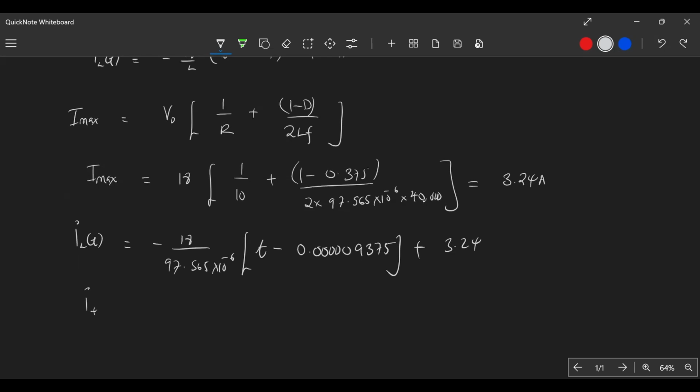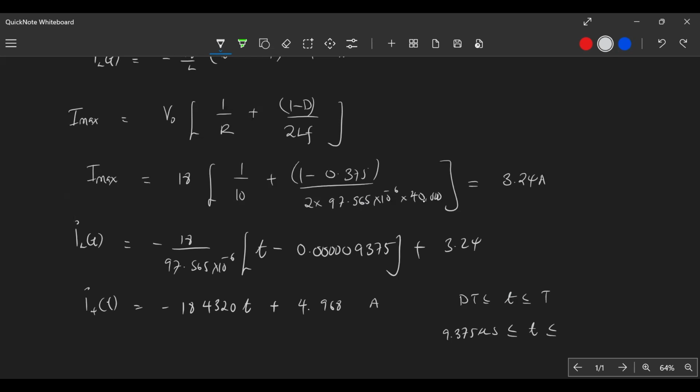So if you simplify this, you get the current of about negative 184,320 t plus 4.968 amps, right? So this one is variable in t. Remember that dT is 9.375 microseconds, less than or equal to t, less than or equal to the time period, 1 over frequency.